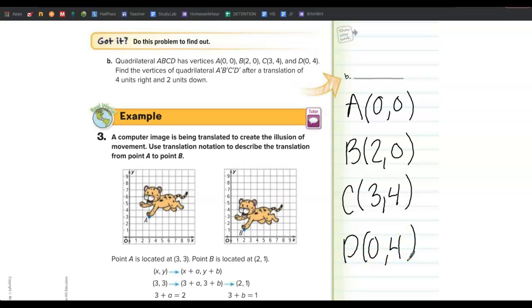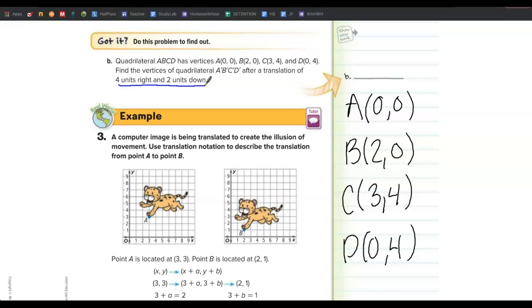So I just rewrote my original points. Now it says I'm moving 4 units right. So since I don't have a graph, I can't just count this time. So right is which coordinate? X or Y? X. And which, plus or minus?